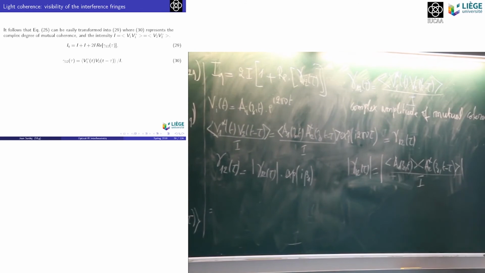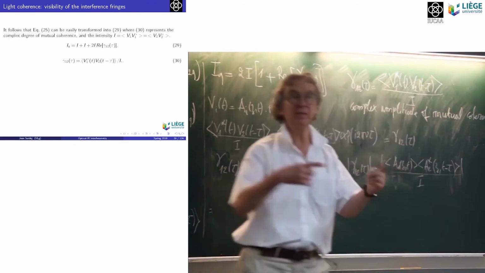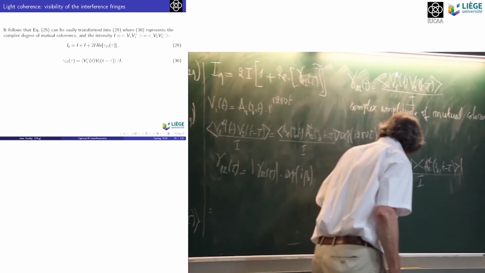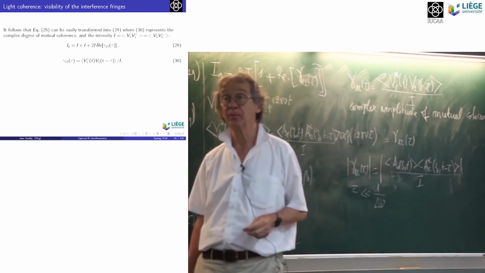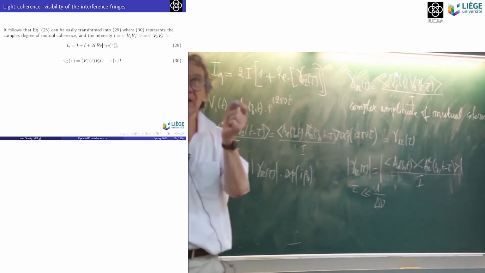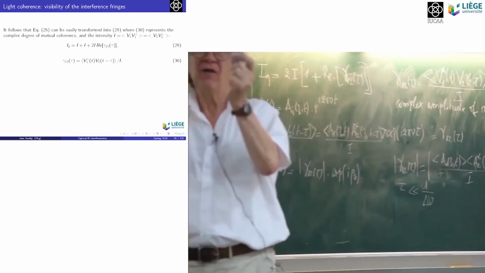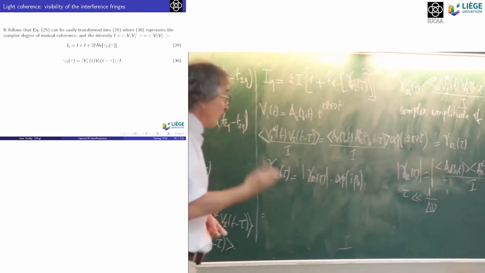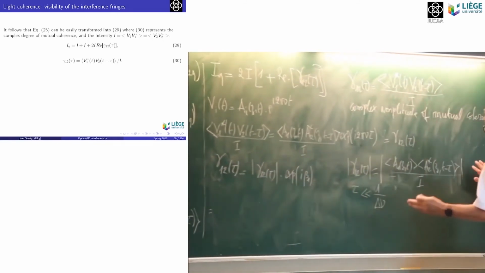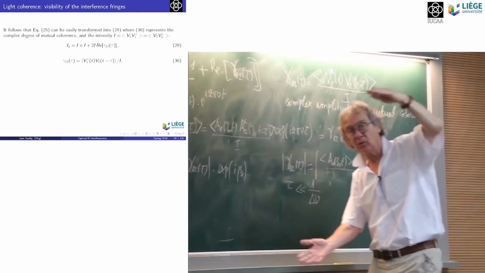Now I will make an assumption. I will assume that tau, the time delay, is much smaller than the period of the beat phenomenon, which is 1 over delta nu. It means that I have a very small time difference between the two beams coming at the point Q. If I do that, I know that the electromagnetic field of radiation, which varies with the frequency nu, has an amplitude which varies slowly.